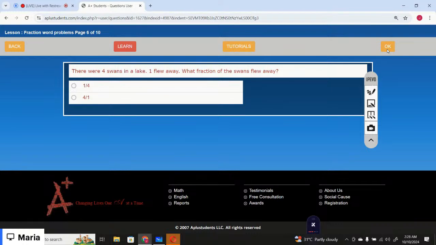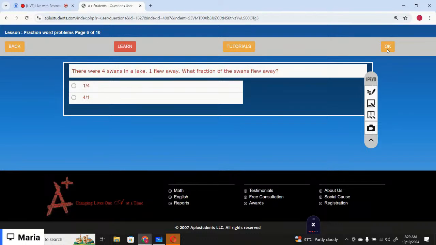There were 4 swans in a lake. One flew away. What fraction of the swans flew away? Which is the correct option? Yes, that is 1 out of 4 because the total swans were 4.